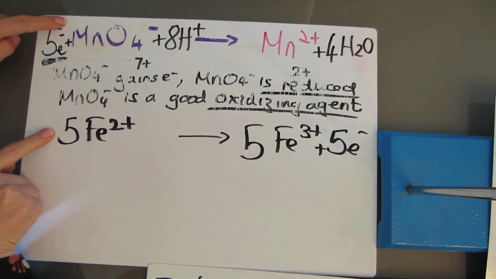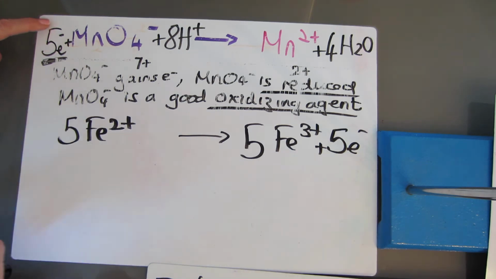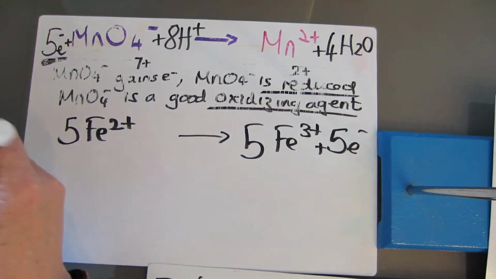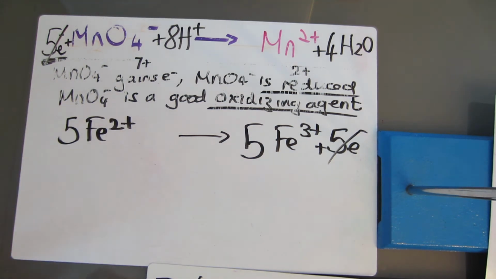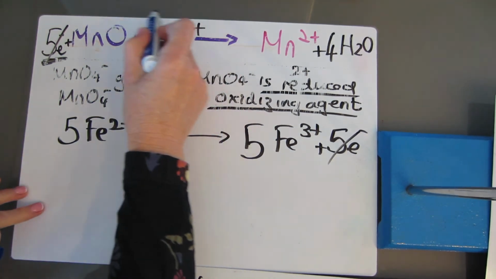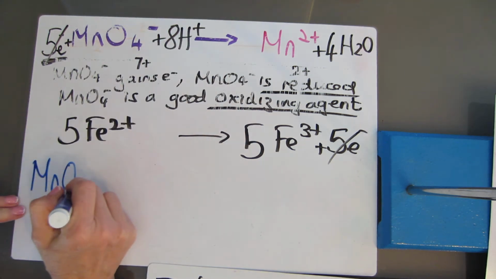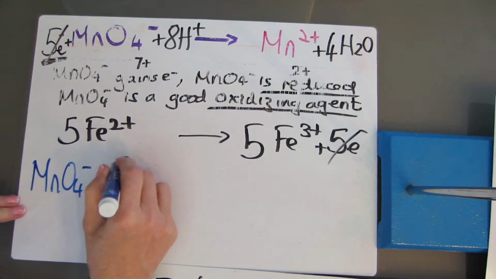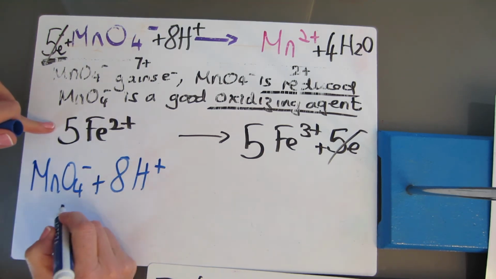So now we're going to be comparing these. Have I got the same number of electrons being lost and gained? Yes, I have. So we can cross those off and just now put all the reactants together. What are all the reactants? MnO4 minus plus 8H plus, and the reactants from the other half equation.